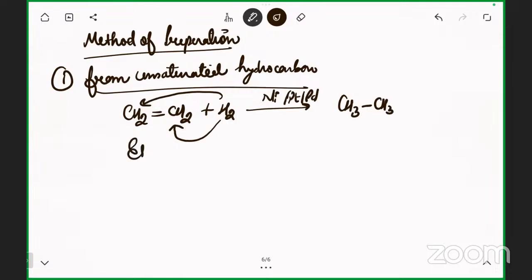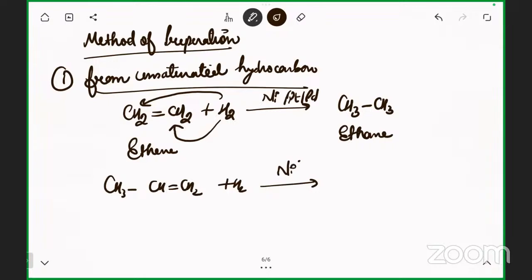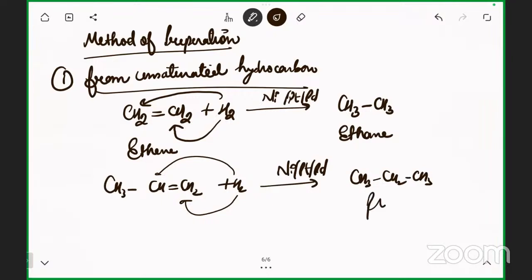This was ethene and this is ethane. We have to form alkane. Same process: CH3CH double bond CH2 plus H2 in the presence of Ni, Pt, Pd forms CH3, CH2, CH3. So we are forming alkanes.